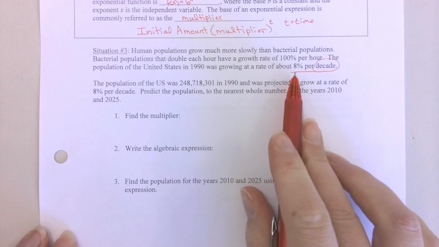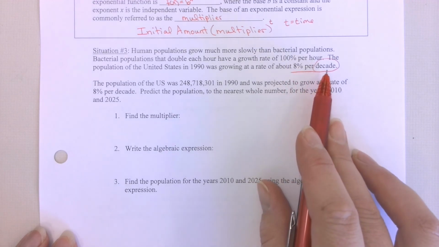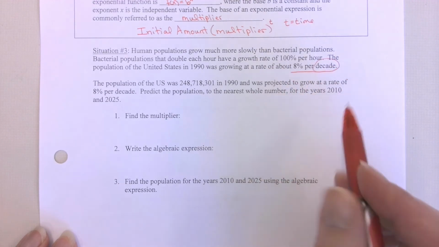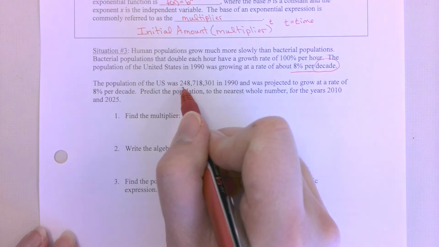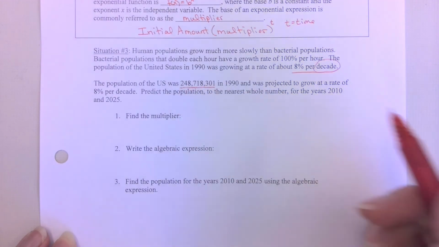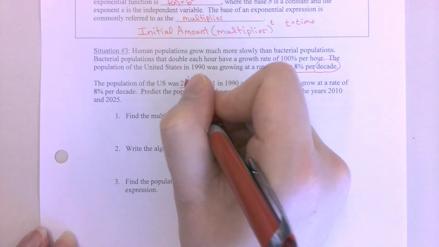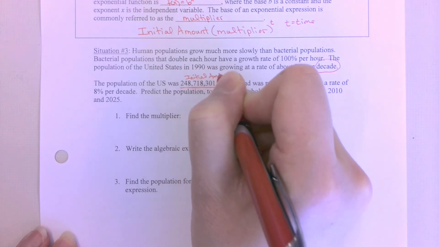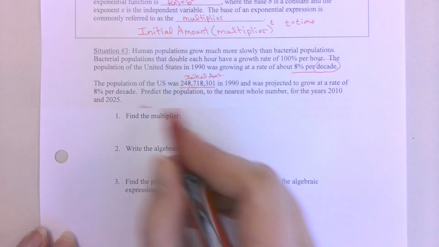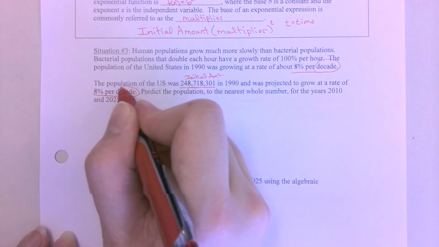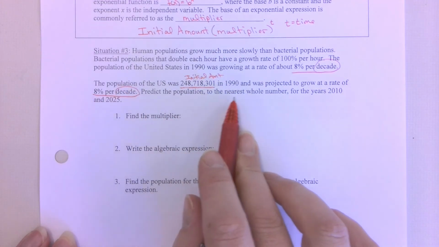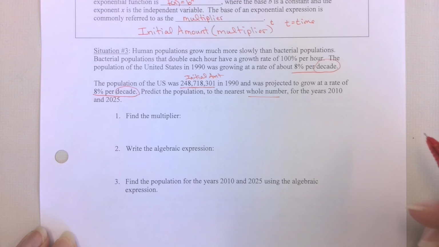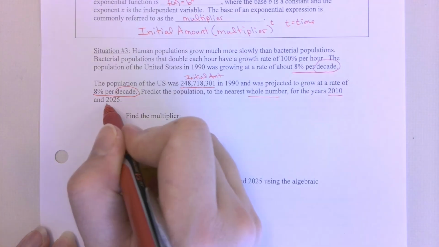Not only is the 8% important, but it's per decade, and that's very important. So the initial population in 1990, this is your initial amount, was projected to grow at a rate of 8% per decade. Predict the population to the nearest whole number in the years 2010 and 2025.